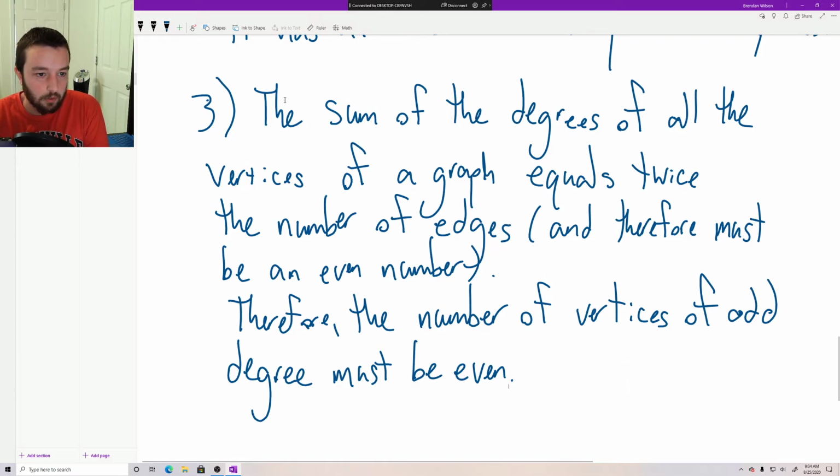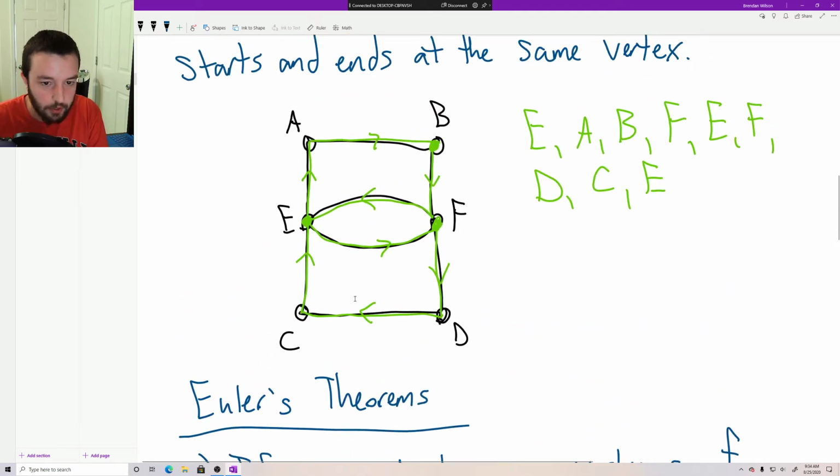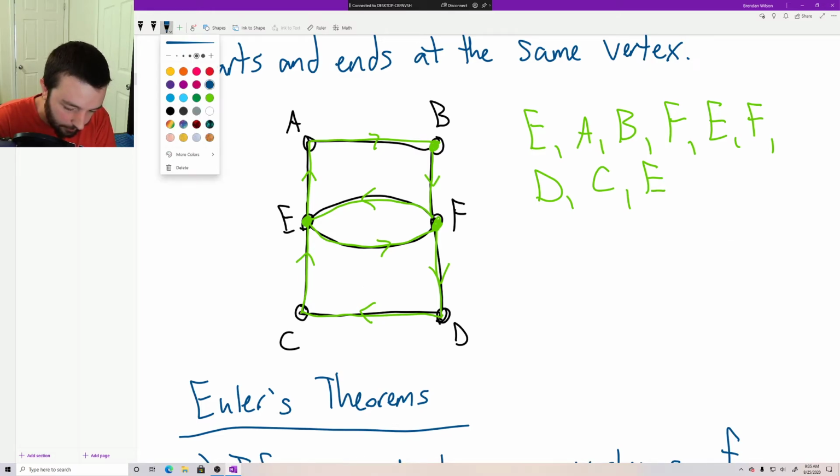So let's first verify that the sum of the degrees of all the vertices of a graph equals twice the number of edges. Okay. Let's go look at one of our examples and just make sure that it's always true. Right. So let me write it in red here.